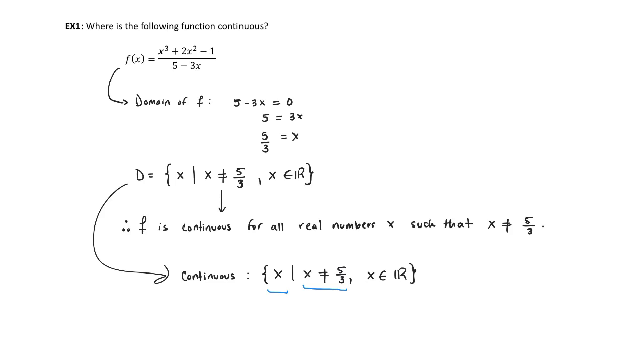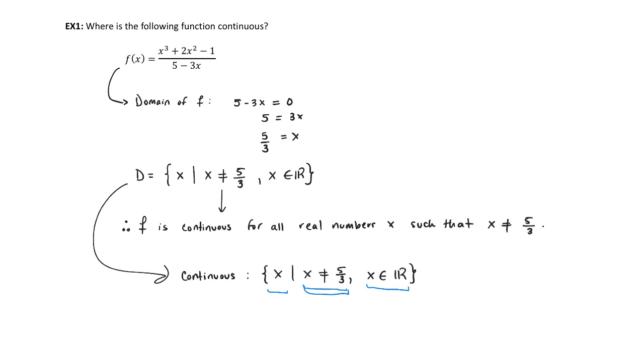If you're going to say x has to be between 0 and 1, that goes here. Or if you're excluding a value, as we are right here, we are excluding 5/3, that goes here. And then the very last part over here reminds us about the set where we are working.